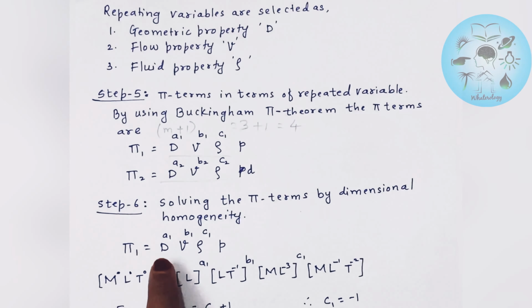Now on the right hand side, D is the diameter. For diameter we can write length. For velocity, the dimensions are L T to the power minus 1, whole to the power b1. Since b1 is the power of velocity v, it is bracket to the power b1. Similarly for rho and similarly for pressure drop. These dimensions we have already written in step number 2.